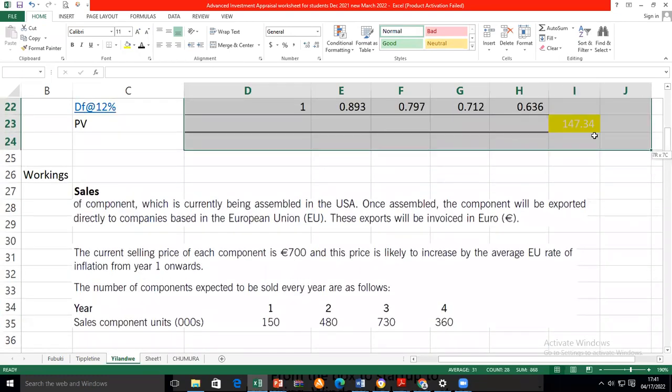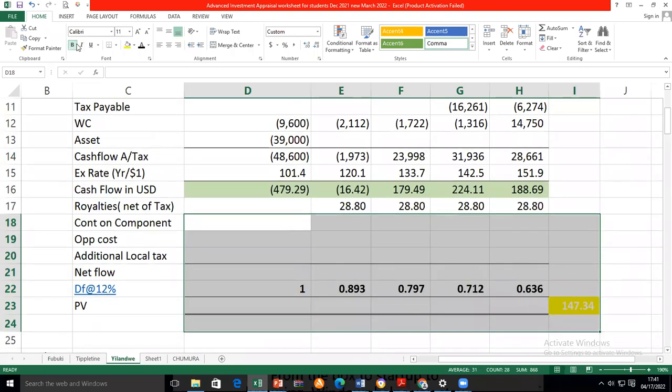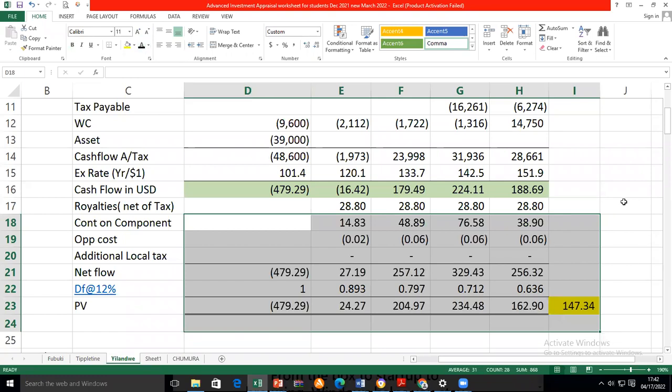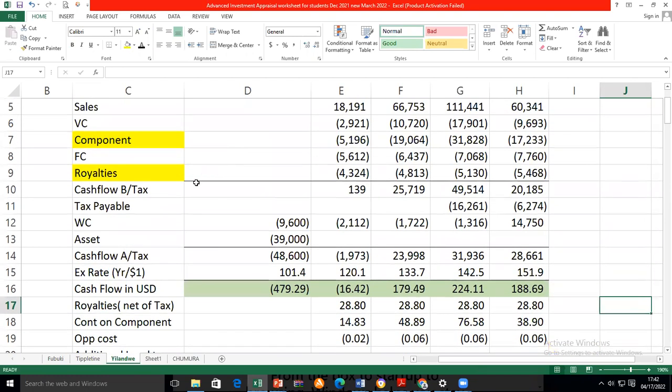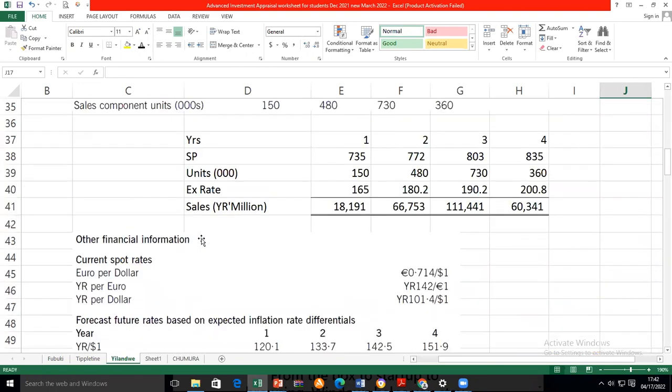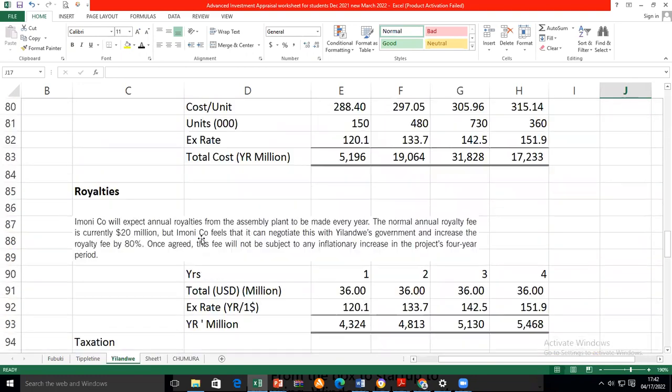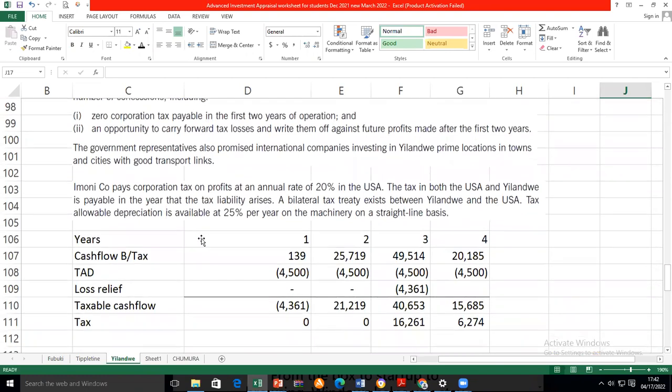Then my question again is on the additional tax. How are we going to account for it if there was an additional tax? I would have gone to the taxable cash flows and charged just the difference.